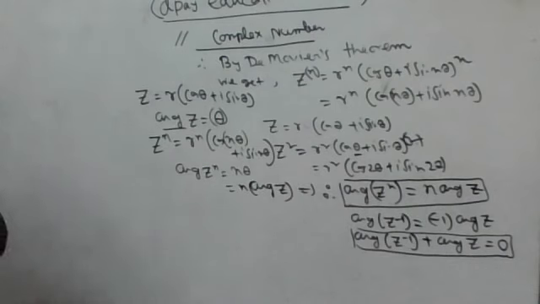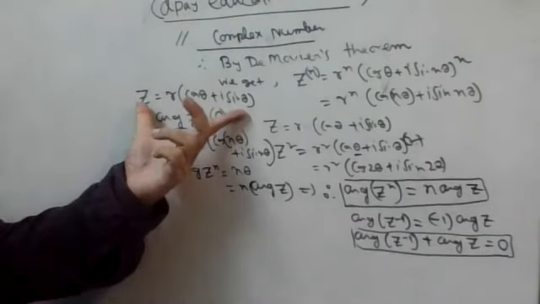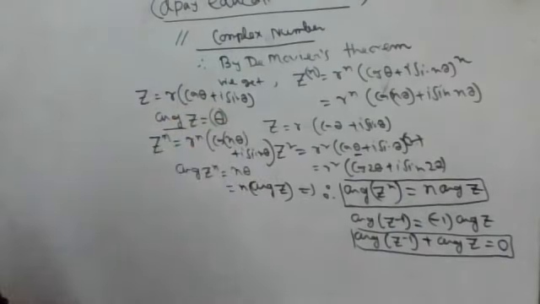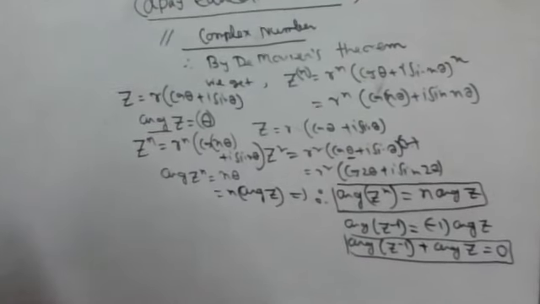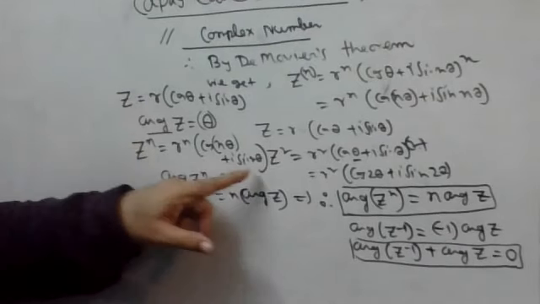So from de Moivre's theorem, again I am explaining, if you get the polar form z = r(cos θ + i sin θ), then the argument of z is θ. Once you get the argument of z, take the power on both sides.